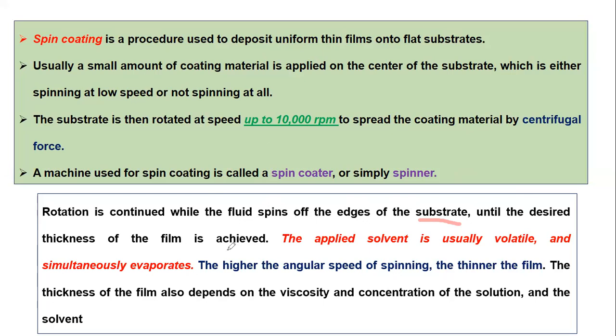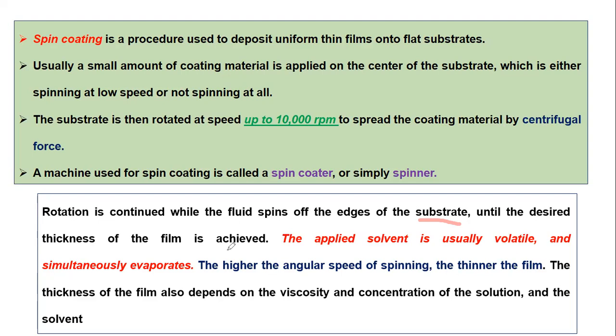So you simply keep the machine running and rotate the substrate until the thickness you want is achieved.